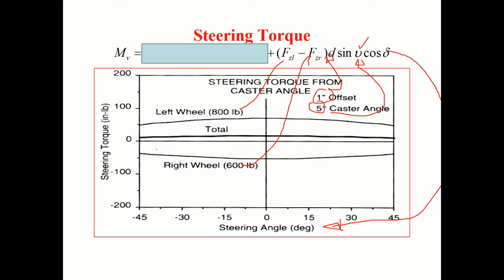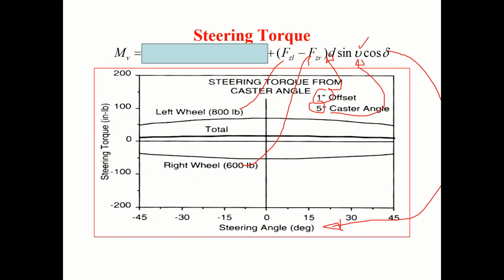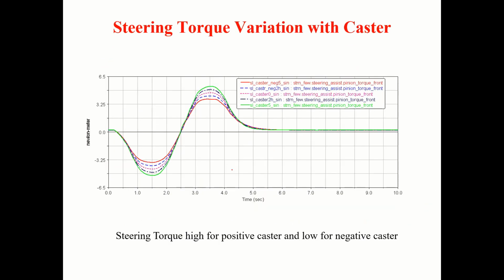This is not very significant. But with the steering axis inclination angle, this is quite significant. So I did some simulation, in Newton meters, of the steering torque required for different caster angles.